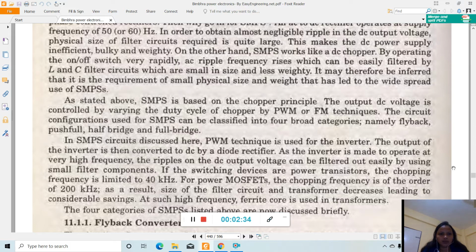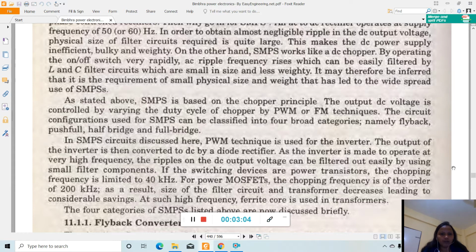So the circuit configurations used for SMPS can be classified into four broad categories, that is the flyback, push-pull, half bridge and full bridge. In all these circuits, PWM technique is used for the inverter.